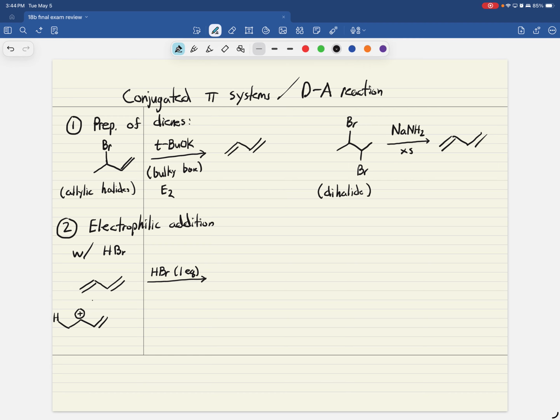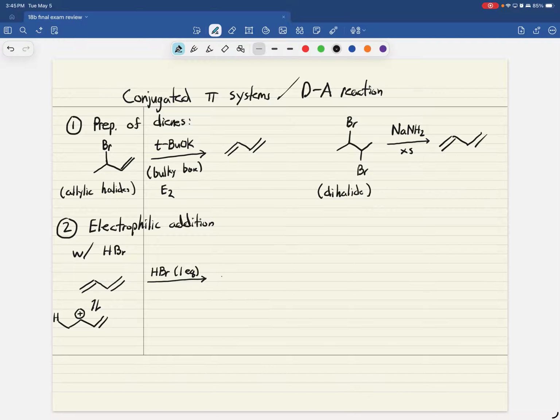So it's going to go through this carbocation. That one is resonance stabilized. If you protonate at the internal carbon, your carbocation will be primary and have no resonance. This is secondary and has resonance. So this is the preferred mode of action.